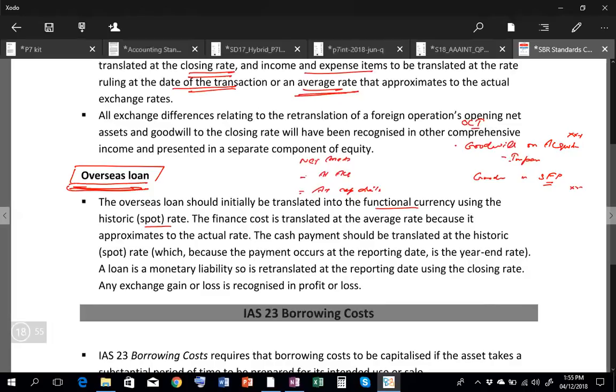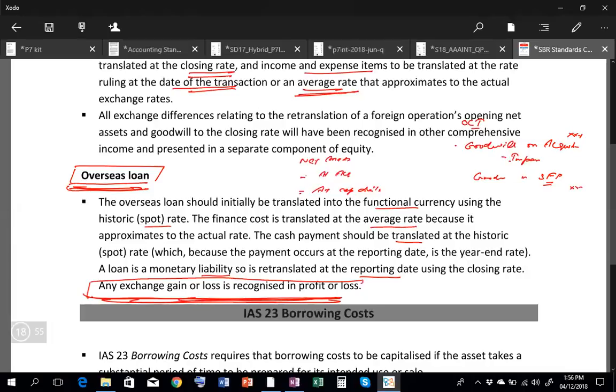The finance cost is the income statement component that should be translated at the average rate. The cash payment should be translated at the historic rate because that is the settlement date. The loan is a monetary liability, so it is retranslated, because it is an unsettled transaction, using the closing rate. All exchange gains and losses go to profit or loss.